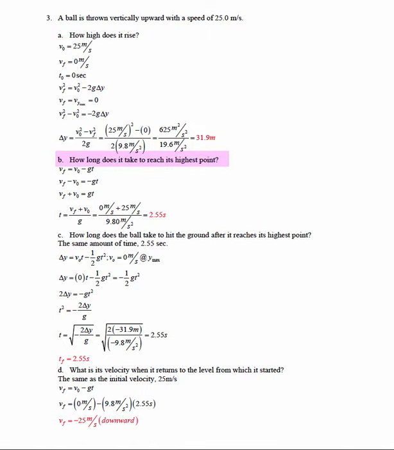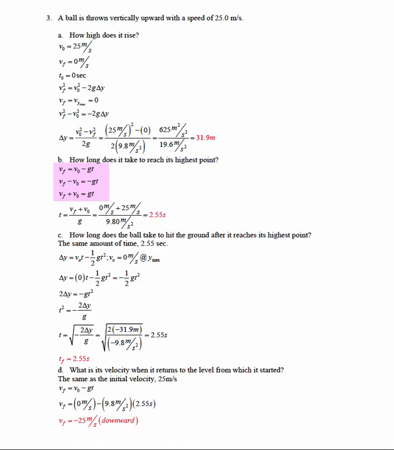B part of the problem asks how long does it take to reach its highest point. So to do that, let's choose the expression velocity final is equal to velocity initial minus gravity times time. So let's move the terms around.